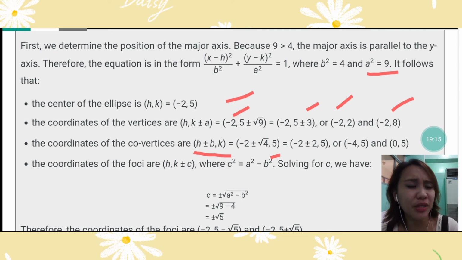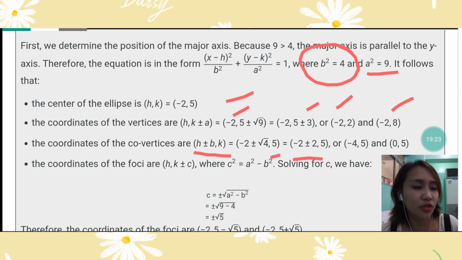I know that h is negative 2, and the square root of b squared, which is 4, is equal to 2. So that is negative 2 plus 2, which is 0, and negative 2 minus 2, which is negative 4. So those are the two values of the co-vertices.